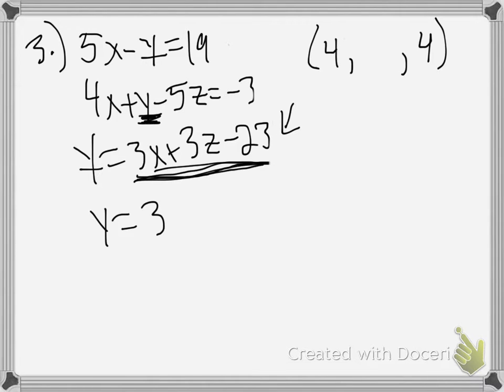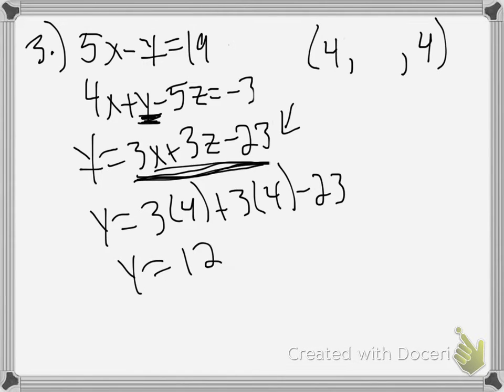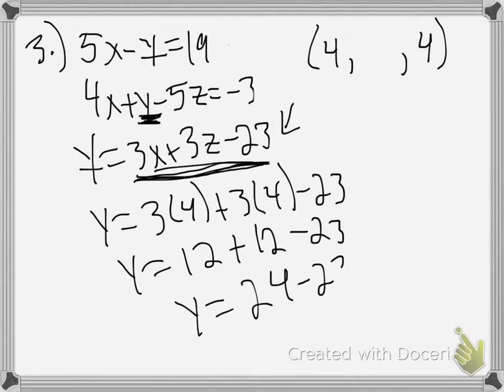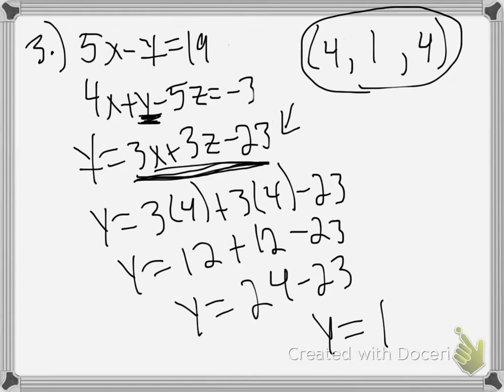So y equals 3 times 4 plus 3 times 4 minus 23. 3 times 4 is 12, 3 times 4 is 12, minus 23. 12 plus 12 is 24 minus 23. So it makes y equal to 1. So I know number 3, my ordered triple is 4, 1, 4.